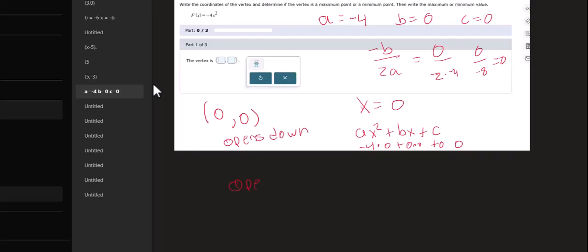And when it opens down, vertex is maximum. When it opens up, vertex is minimum.